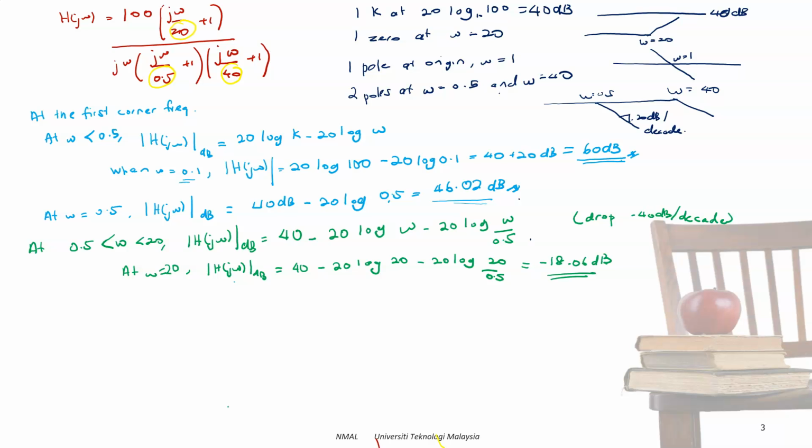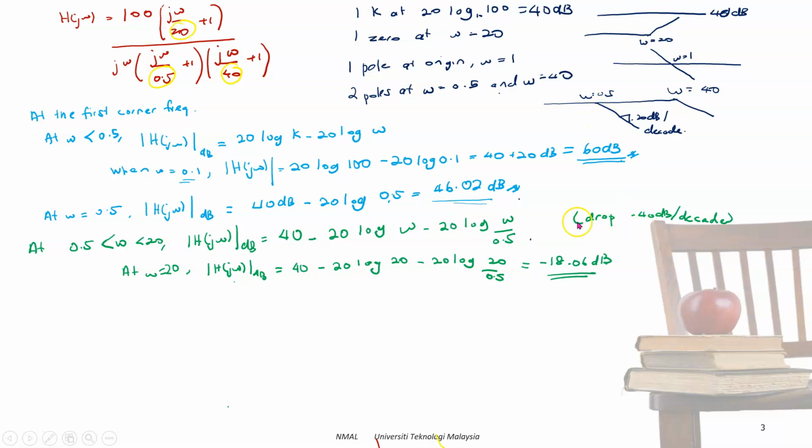Okay, so by calculating this exact value, you know where to plot. Instead of when you combine, sometimes it's going to be a bit confusing, but it's still okay actually if you want to use the combination method. But for this particular equation, if you use the combination method, it will be a bit confusing in terms of the drop here, and you need to have the knowledge.